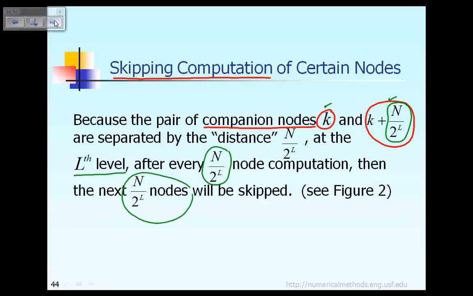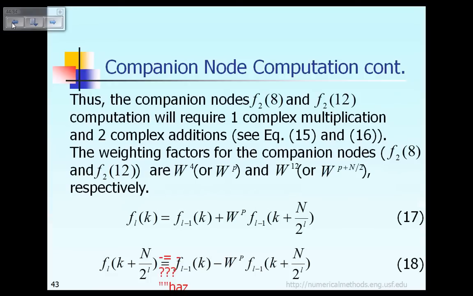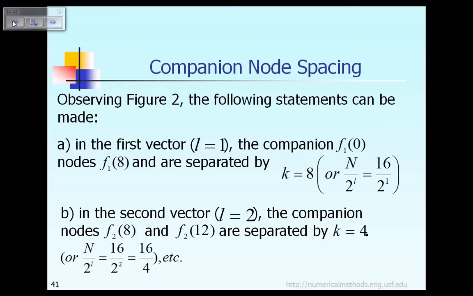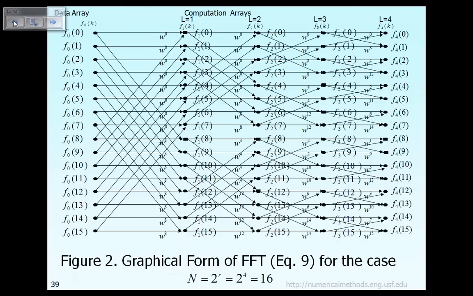Figure 2, like I told you before. If you look at figure 2, for any level, level L equal to 1, or 2, or 3, or 4. For example, take level L equal to 3.